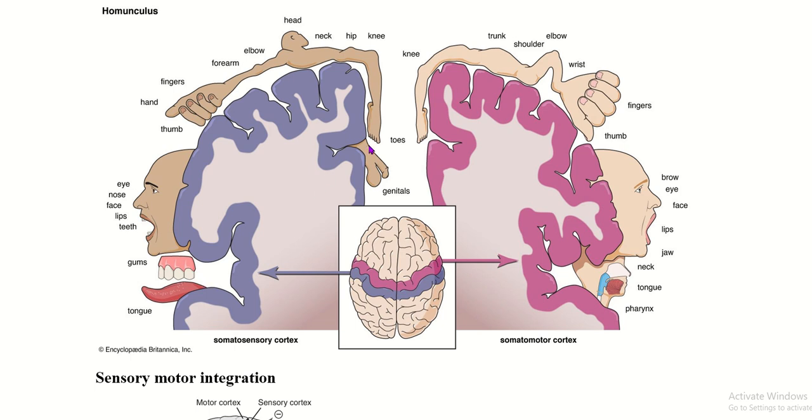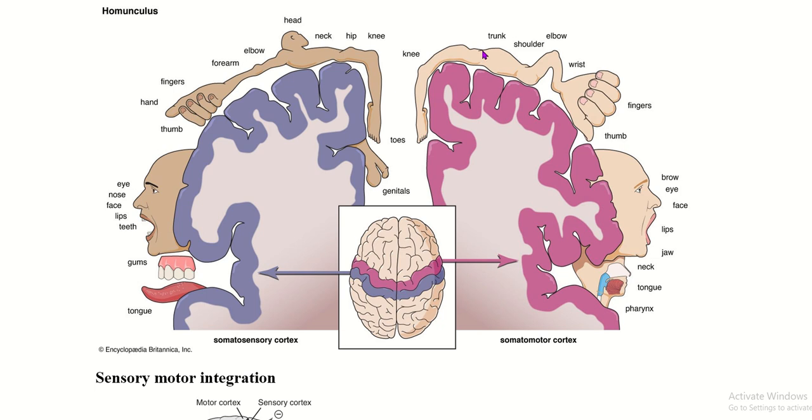You see the representation of our body is upside down, and you should also observe that some particular areas of the body are controlled by a large surface area of the brain. For example, genitalia, hand, face, gum, tongue. This is the primary motor area, precentral gyrus, and this is known as the motor homunculus.